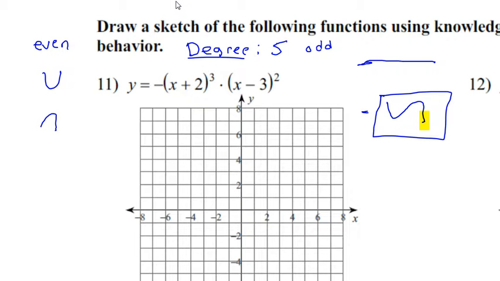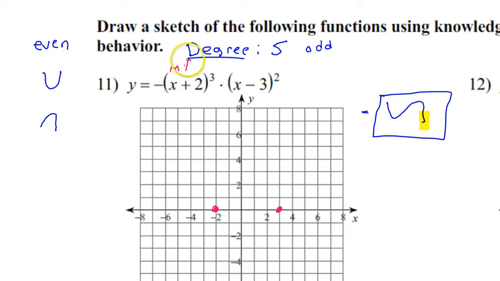Now, of course, the zeros are -2 and +3. So I should have a 0 here and here. Look at how the +2 is cubed. So at that 0, is it going to go straight through or bounce or be an inflection?